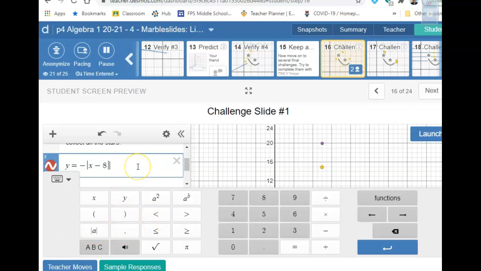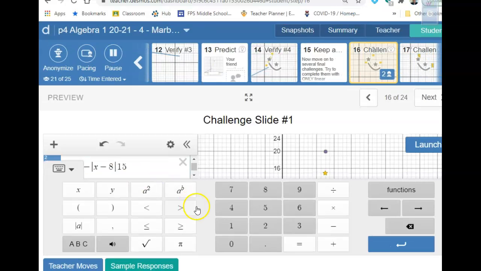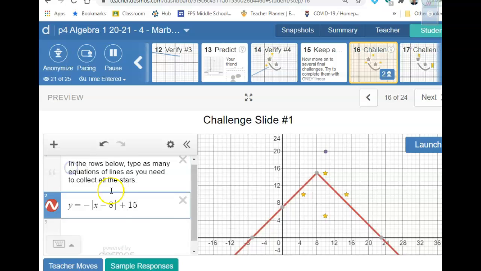And now I want to go plus 15. Not equal 15, but plus. So just by kind of playing around with these, I can see that kind of took one of them out.